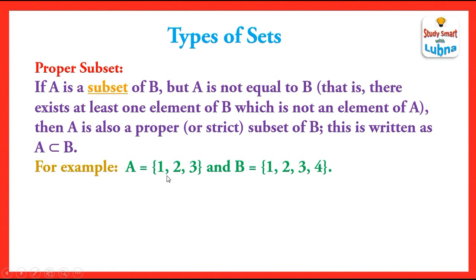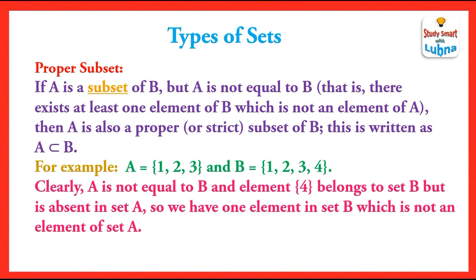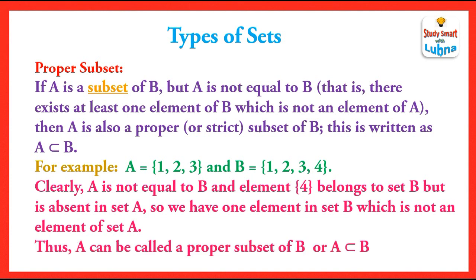Here we can see that A is a subset of B, but the elements of sets A and B are not equal. So clearly A is not equal to B, and element 4 belongs to set B but it is absent in set A. So we have one element in set B which is not an element of set A. Thus A can be called a proper subset of B, or it can be written as A is a proper subset of B, like this.